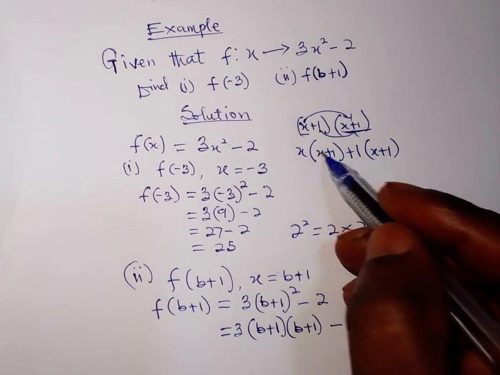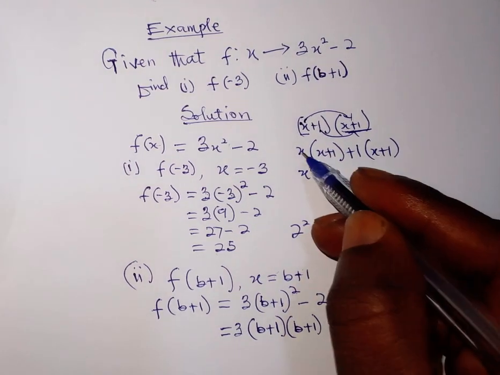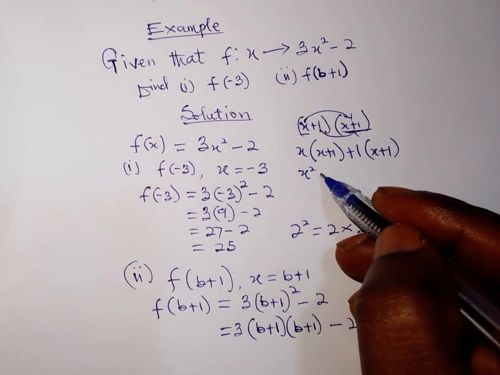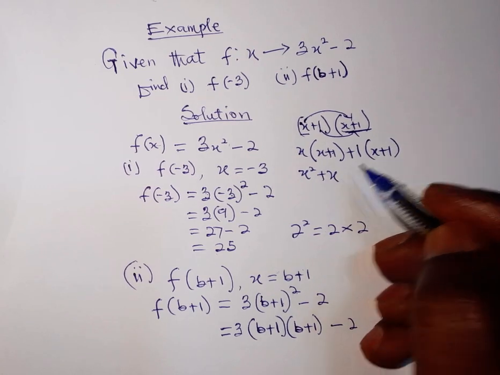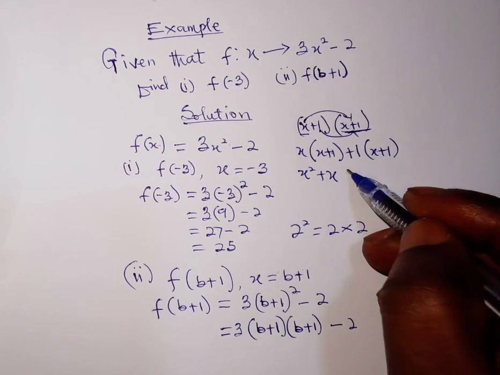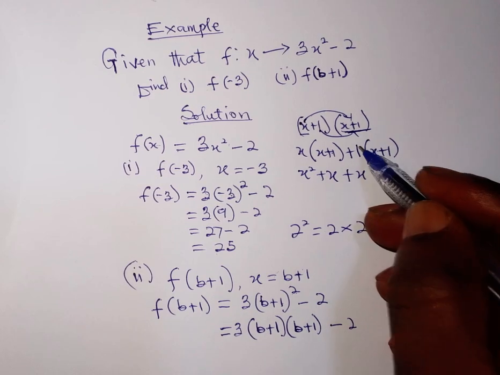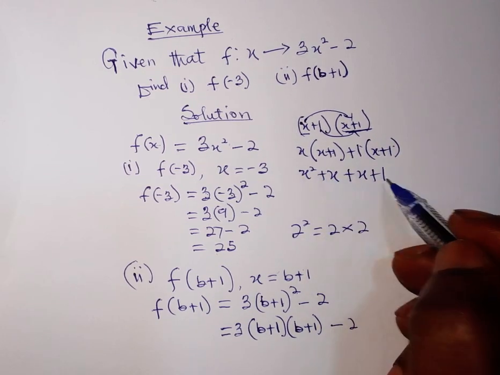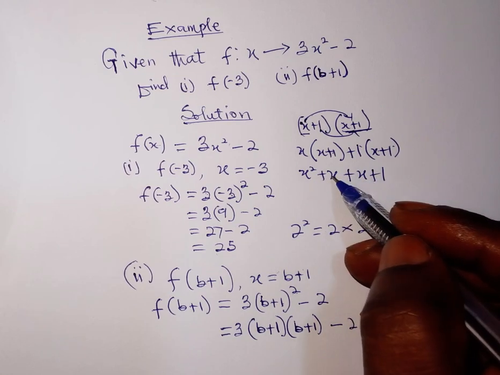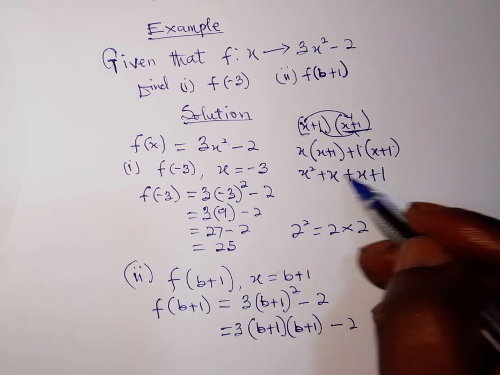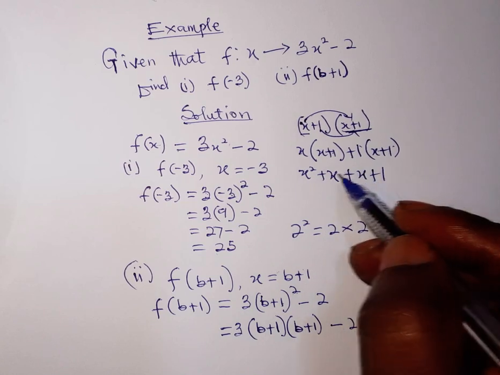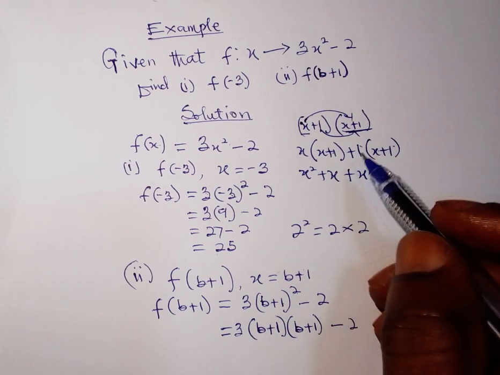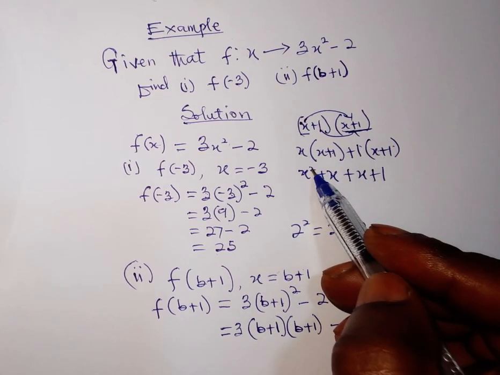Okay, great. So where I can multiply this as x squared, this by this as what? My x. Then after that I will also multiply this, which I will get x. This plus this will give me what? 1. Then I can add what? Like terms. This and that are like. Remember this and that are not the same because of what? The exponent.